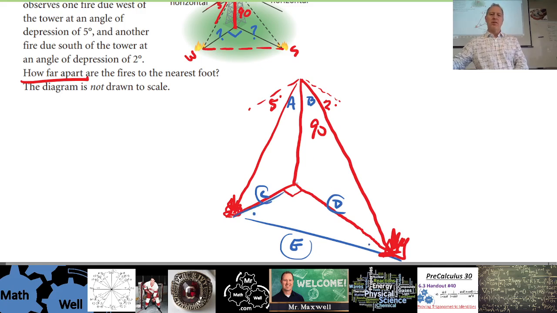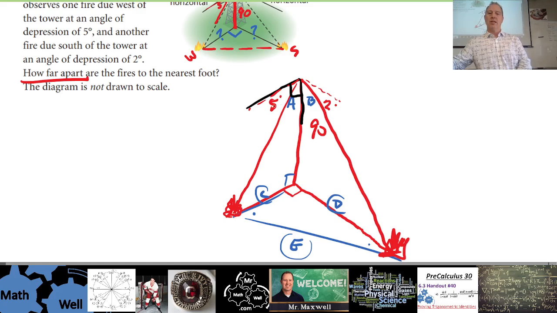So I don't really need this angle or this angle, if I could find C and D. C is part of a triangle over here, but I don't have a lot of information here. I don't know A. I know this is 90. What can I find from the information that's given? The 5 degrees forms a right angle, okay, so this is horizontal and this is vertical. So this is 90 degrees.